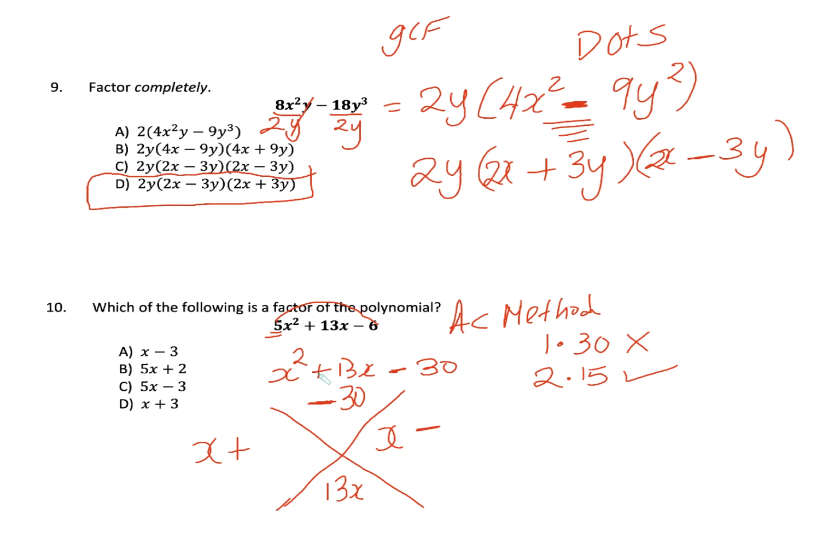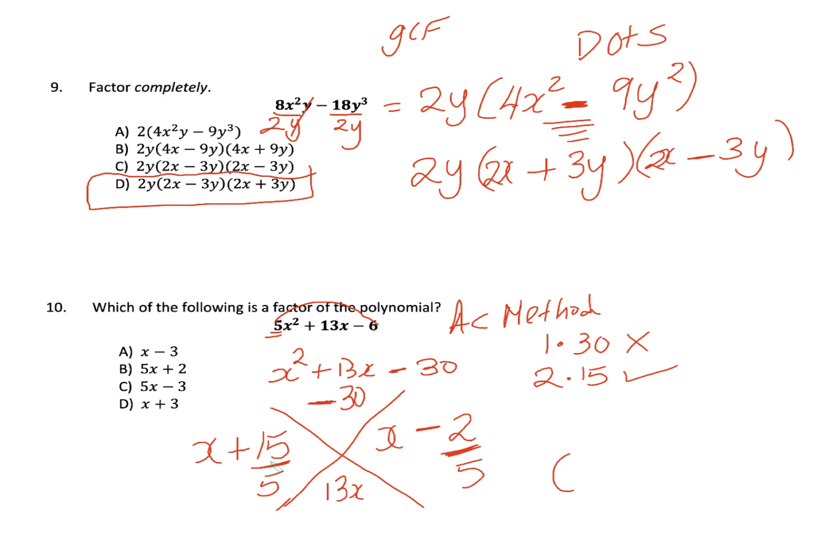Now I want a positive 13, therefore the 15 is going to go with the plus and the 2 is going to go with the minus. You must remember that in the beginning we took the 5 and multiplied it by the 6 to get the 30. We have to now take it out. So we're going to divide by 5 here, and over here divide by 5.